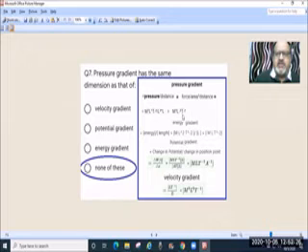This again mismatches with the pressure gradient. So potential gradient is not the answer, energy gradient is not the answer.